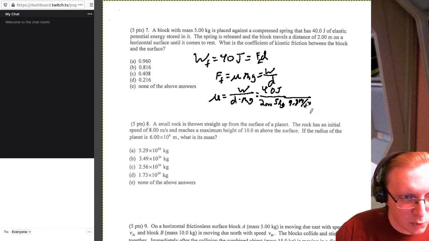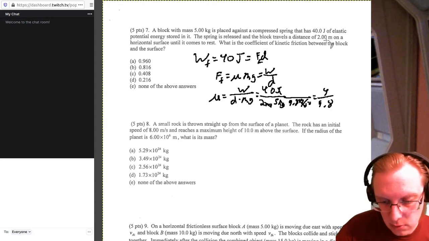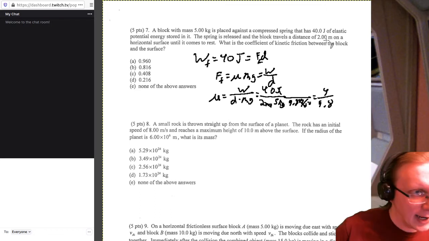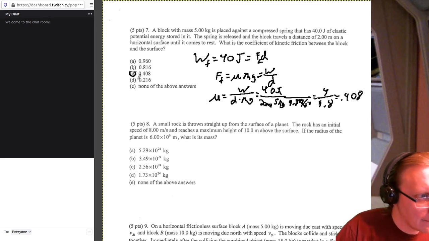Kilogram meters squared per second squared is a joule. Joules divided by joules, those all go away. So we end up with 4 over 9.8. And I don't know what that is. 0.408. Right here.